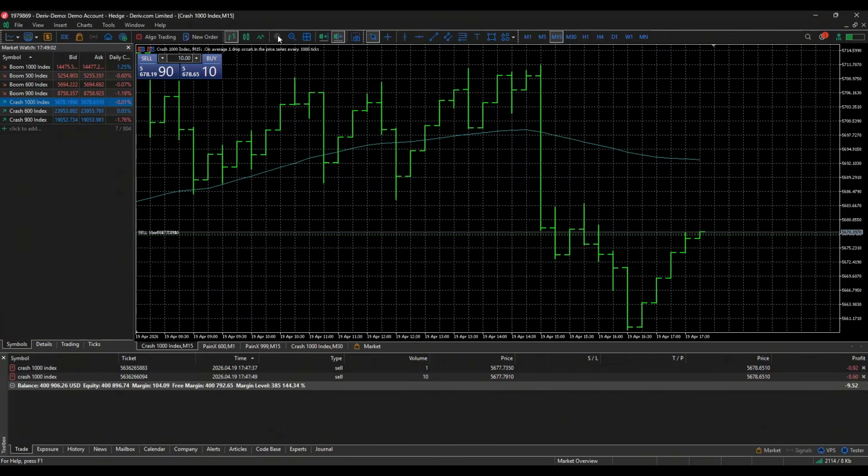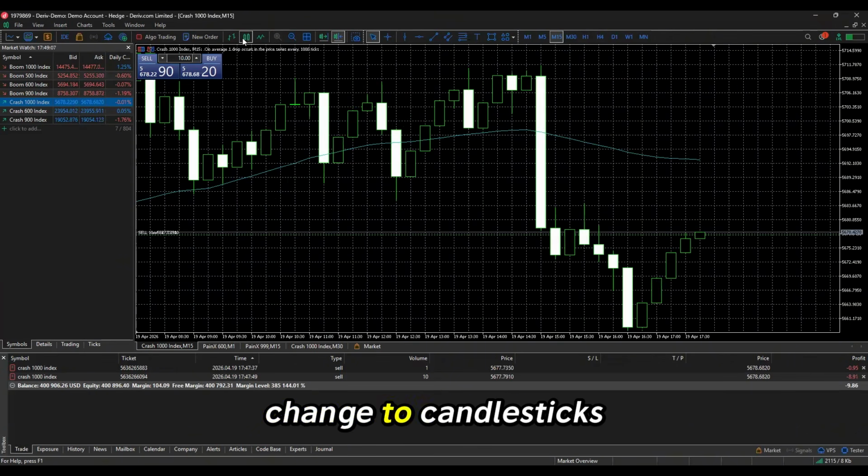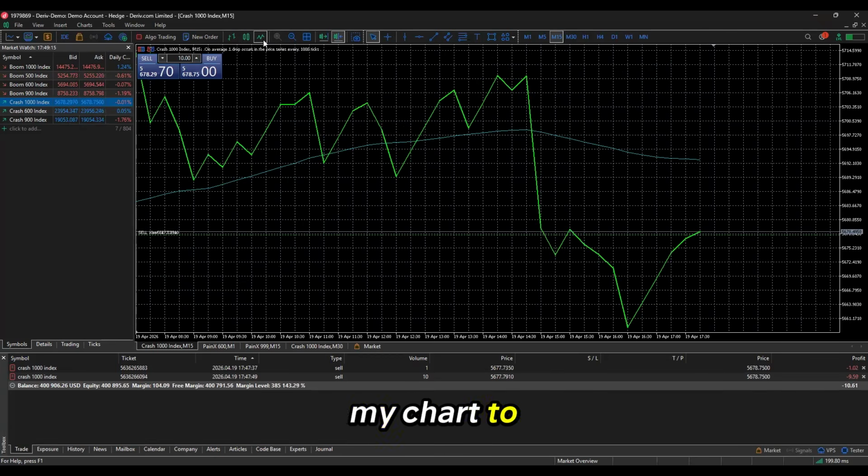But if I change to candlesticks, it's going to give me price as candlesticks. If I change my chart to a line graph, it's going to show price in the form of a line graph. So the most common that we use are candlesticks.